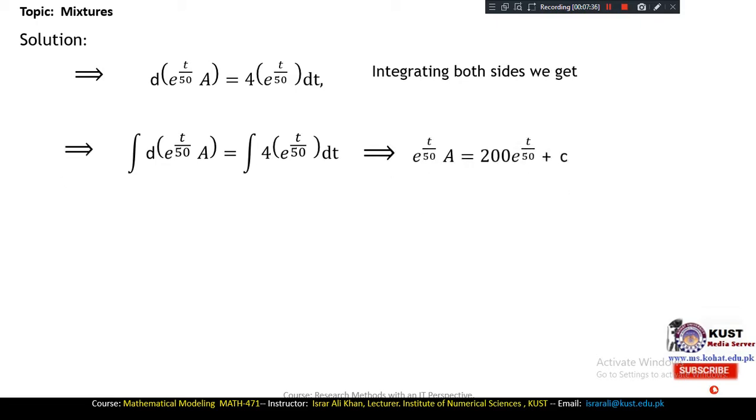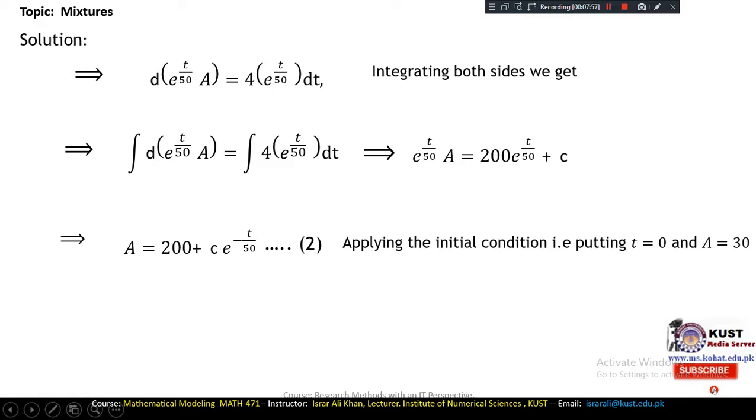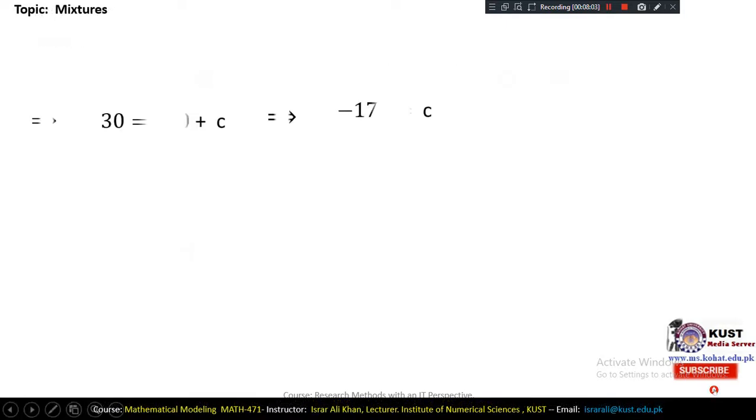And then we apply integration on both sides, and we get this thing with an arbitrary constant c. We divide both sides by e raised to the power t by 50, and we get this thing. And now to find the value of the arbitrary constant c, we apply the initial condition. We put t equal to 0 and A equal to 30 to get the value of c.